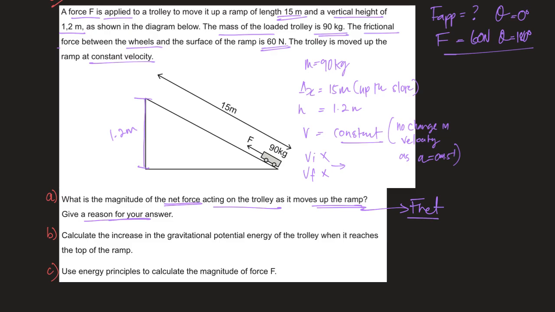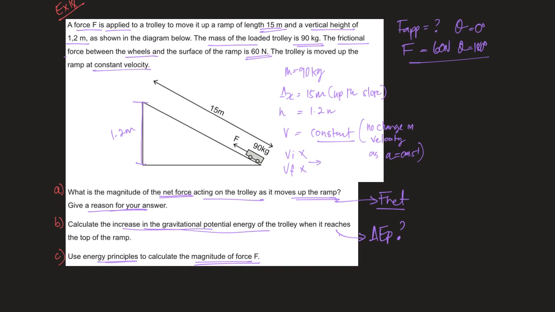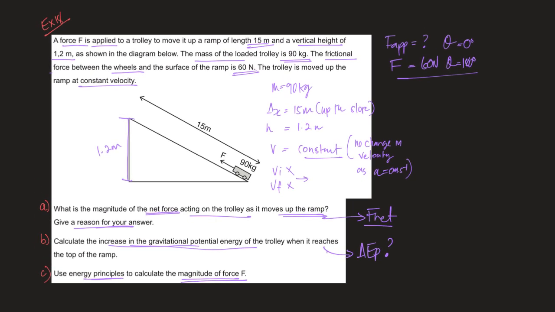They want you to calculate the increase in gravitational potential energy of the trolley, and increase means they want to know what was your change in gravitational potential energy. The last question, they want us to use energy principles to calculate the magnitude of the applied force that's on this whole system. All right, let's just get started here.